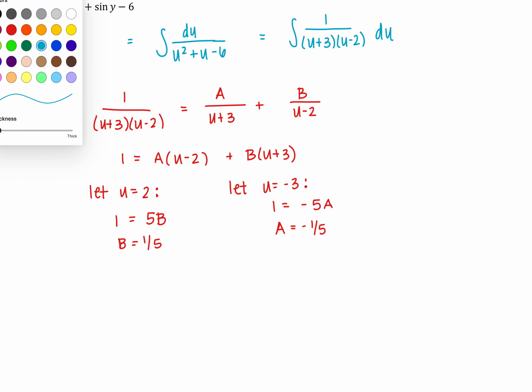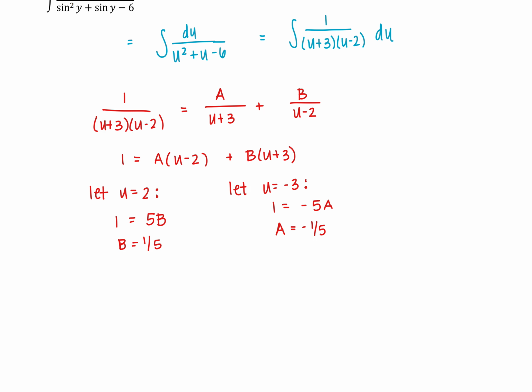So with that, I can go ahead and rewrite. And now we're going to integrate these two partial fractions. So A is -1/5, so I've got -1/5 times the integral of 1 over u plus 3 du, and then my +1/5 for the B, 1 over u minus 2 du.